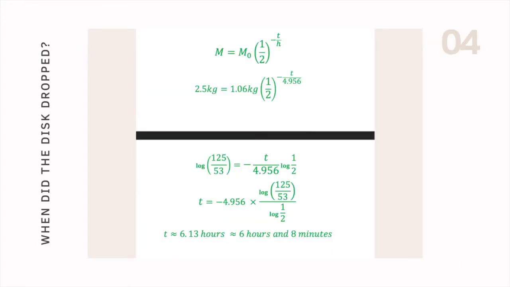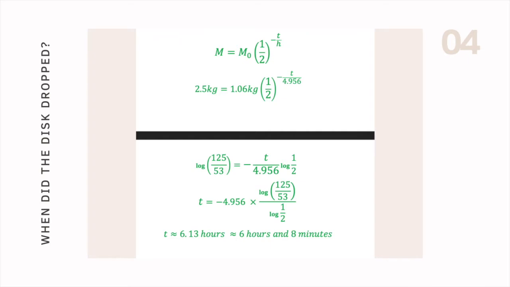Next, when did the disk drop? To find out, I use the formula mass equals initial mass times 1/2 to the power of negative time divided by hours. They say that 2.5 kilograms of plutonium was initially secured. The disk was only left with 1.06 kilograms.